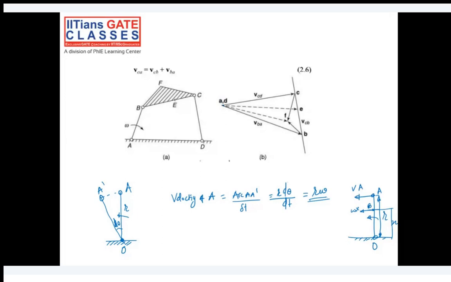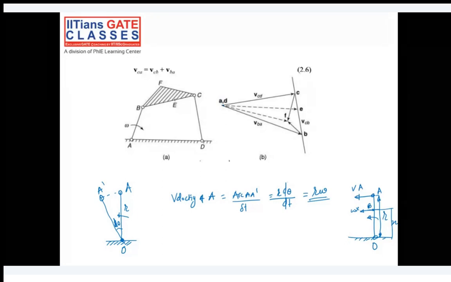Coming to this question again, A and D are fixed points. The link AB is rotating in the clockwise direction. So the velocity of B with respect to A will be perpendicular to it.